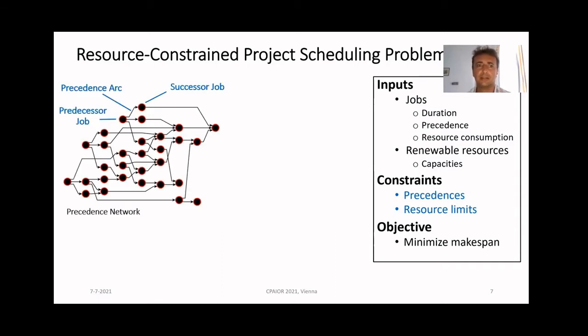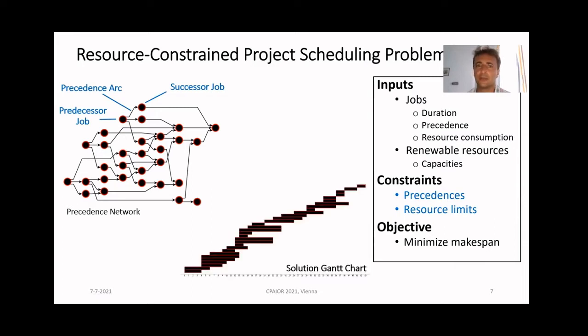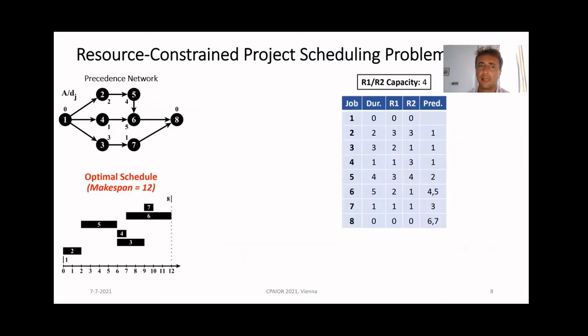To the left here, you see a typical precedence network, and in the center now a representation of an optimal schedule. I think it's 30 jobs here in the form of a Gantt chart. So in every unit here, the resource limitations are respected regarding the jobs that are active in that unit, and also every precedence relation is fulfilled in the schedule presented.